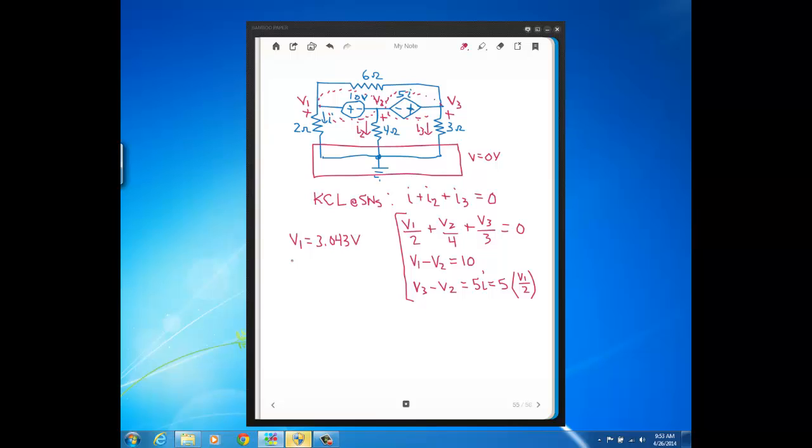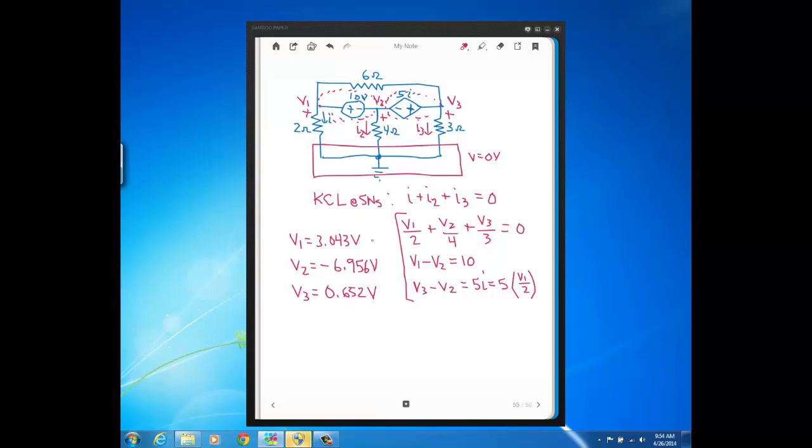And for V2, I got negative 6.956 volts. And for V3 I get 0.656 volts.